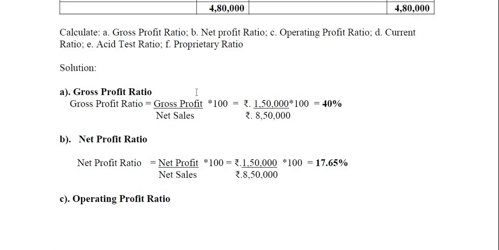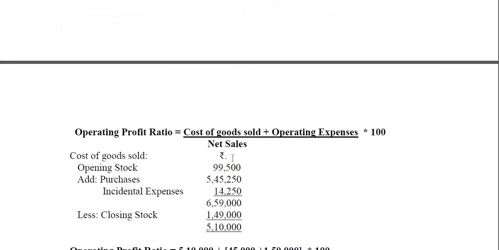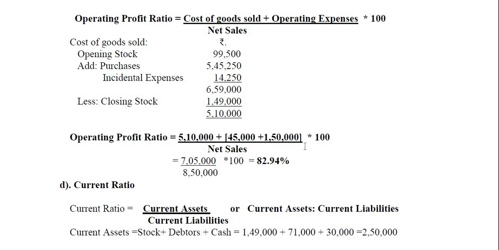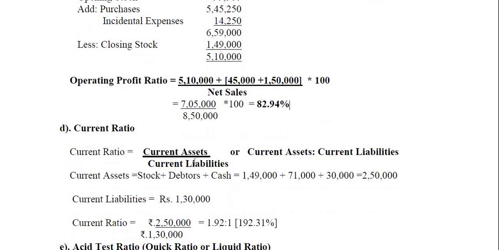If you add up, you will get 7,05,000. Cost of goods sold plus operating expenses divided by net sales into 100, you will get operating ratio. Operating profit ratio is equal to net sales minus, or 100 minus 82.94. Then you will get operating profit ratio.